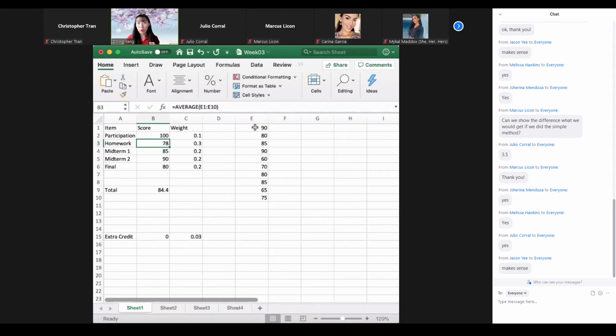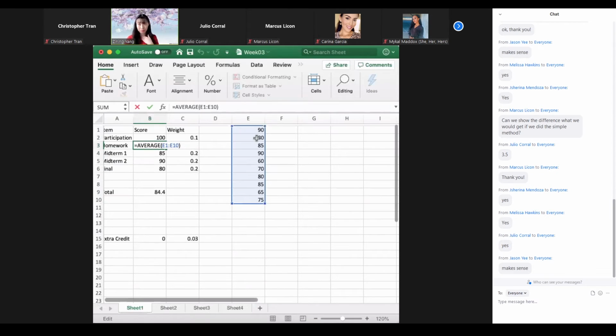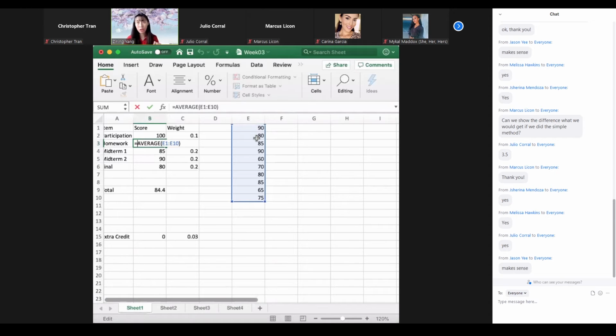Homework average: if you see on Canvas, you would see that we have 10 homework assignments total for the whole semester. So this score would be the average of the 10 scores you get throughout the semester.